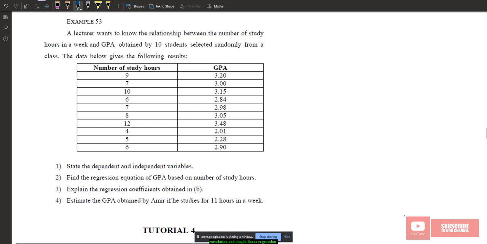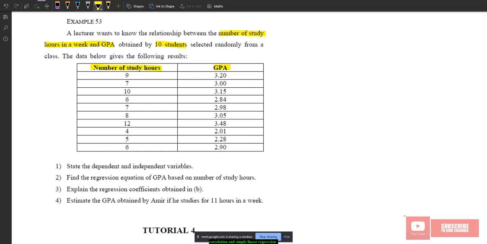In example number 53, we want to know the relationship between the number of study hours in a week and GPA obtained by 10 students selected randomly from the class. Given the data below, give the following result. So we have number of study hours and GPA. Now, the most important part.